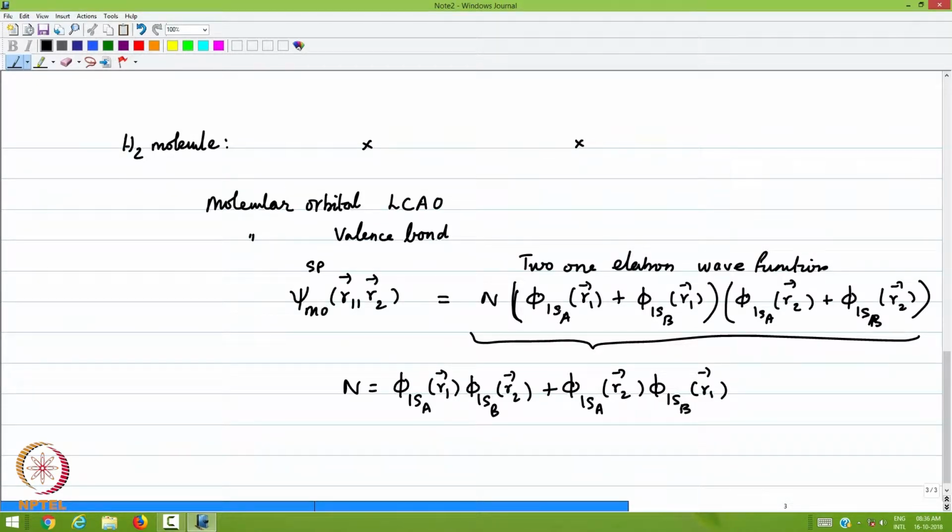These are two of the four terms that come from this product: 1s A R1, 1s B R2, and 1s B R1, 1s A R2.